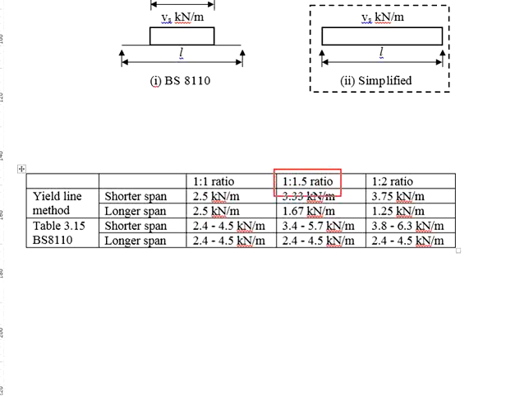As for the 1.5 aspect ratio, the U-line method estimated 3.33 kN per meter, and the British Standard gives you 3.4 to 5.7, depending on the classifications of the slabs. What you see here, the British Standard is generally more conservative as compared to the U-line method, especially when it comes to aspect ratios more than 1.0.